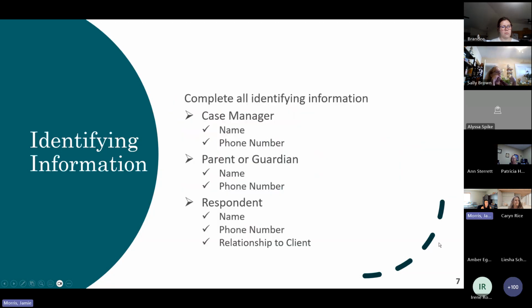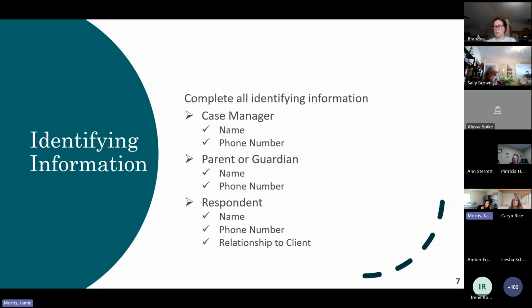So we're still on the front page of that ICAP booklet. And at this time, we're moving to the next line down, which is the case manager. And we are going to complete all identifying information for that individual. This case manager may be different than, it's not just conflict-free case manager.